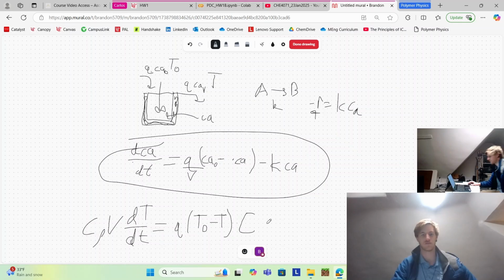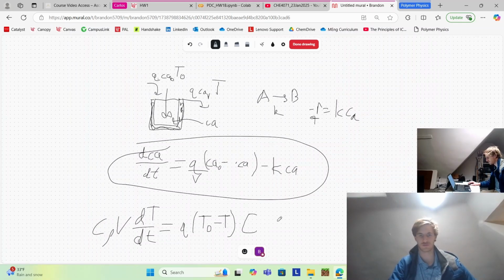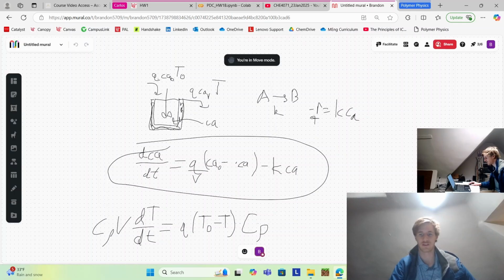We now have joules meters cubed per gram Kelvin, sorry, gram second. Essentially if we multiply by density, that all cancels out. We end up getting joules per second.